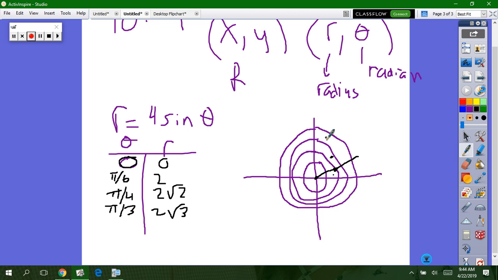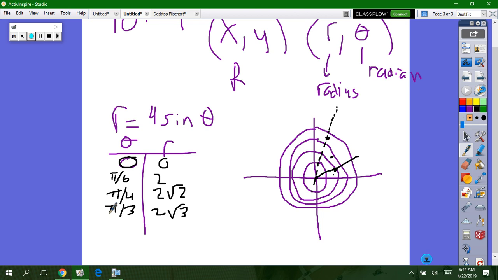Feel good? Okay, so once again, I'm on the angle of pi thirds. Notice 2 root 3 was 3.5, so I'm going to go out 1, 2, 3.5. So that's where that is right there. Good on that?